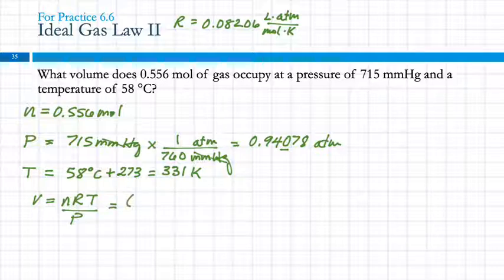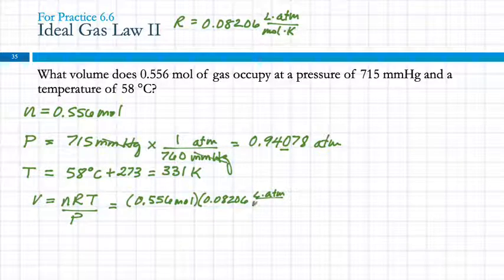So in my equation, I'm going to put in N, 0.556 moles. And R, 0.08206 liter atmospheres per mole Kelvin. And T is 331 Kelvin.